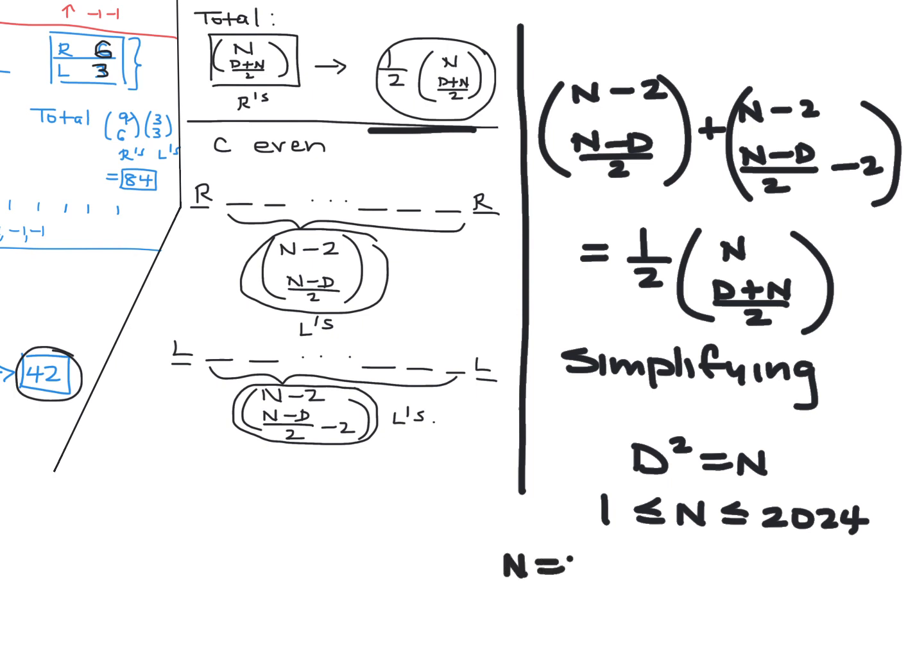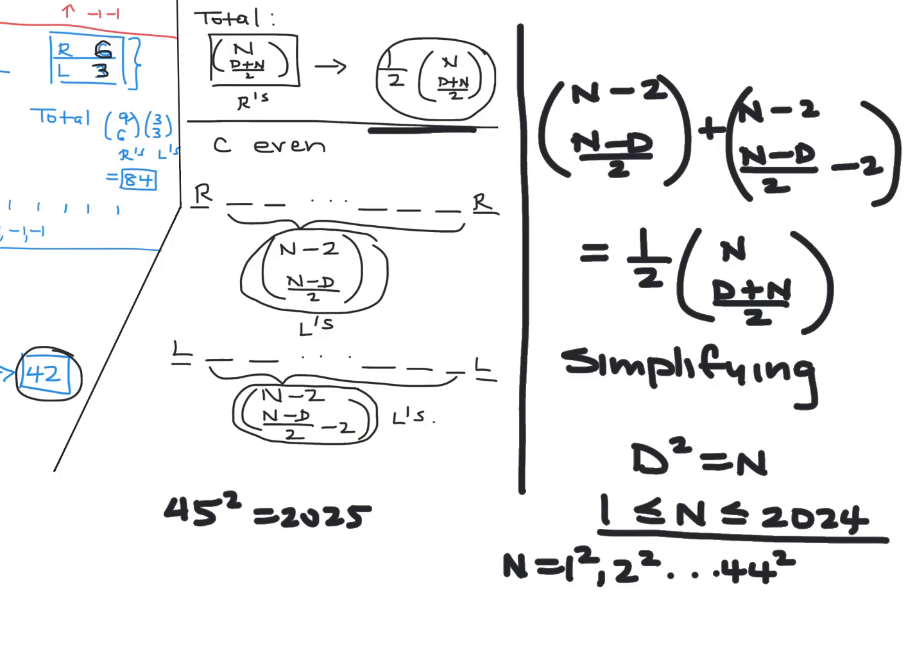So n would be equal to 1 squared, 2 squared, all the way up until 44 squared, because 45 squared, I believe, is 2025, and that would fall outside of that range. So therefore, n looks like it has 44 values. But here's the thing. n equals 1 actually doesn't qualify, because when n equals 1, C would be 1, and that's an odd number. So n equals 1 doesn't qualify.